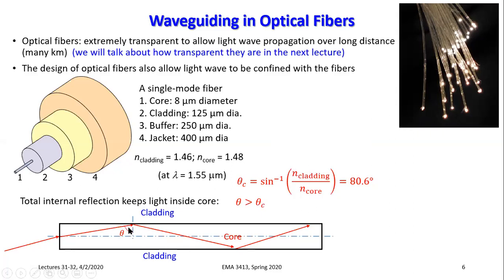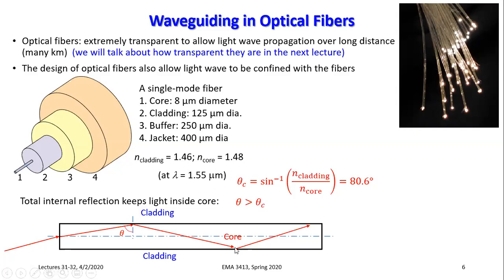So that means you have a little bit of range, about 10 degrees or 9 degrees of range, so the light wave has to be basically propagating along the axis of the core. It's propagating forward, but with a very shallow angle impinging onto the core-cladding interface. As long as this incident angle is greater than 81 degrees, the light wave will be reflected back.